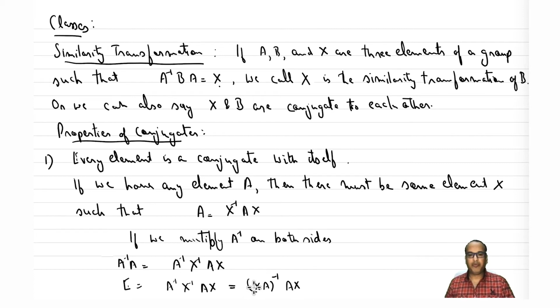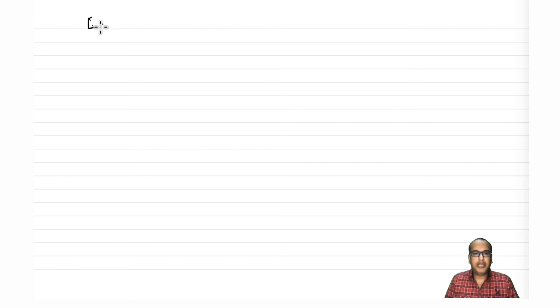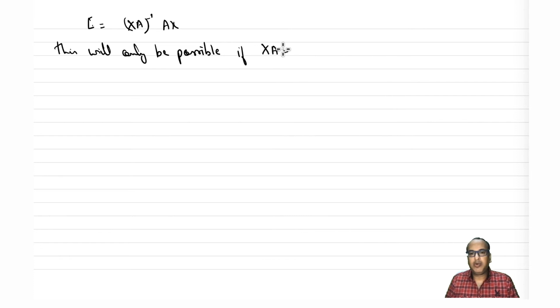So E is equal to (XA) inverse AX. This will only be possible if XA is equal to AX, then we can write this as (AX) whole inverse, and then (AX) inverse into AX will give you E. So that implies that X and A must commute with each other.